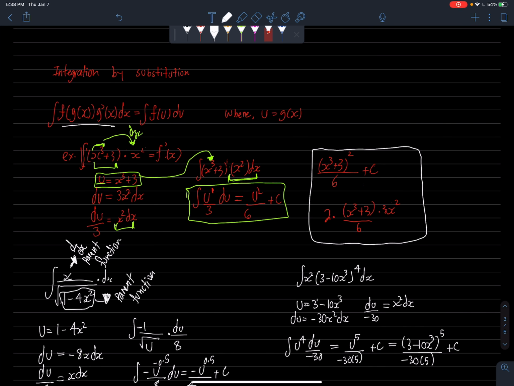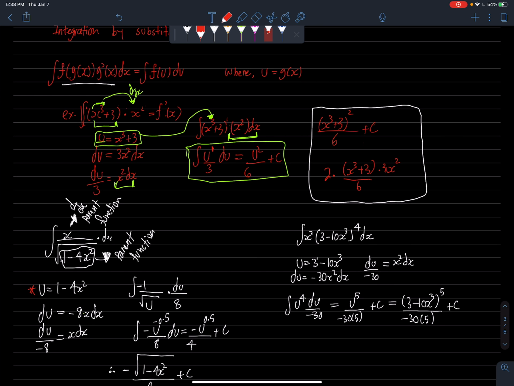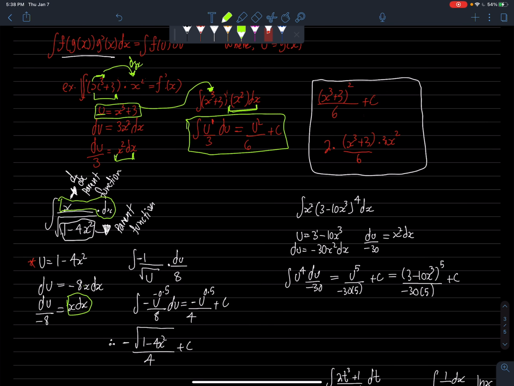So setting u to be 1 minus 4x squared, take the derivative of it, right? You isolate for the terms you have in there, and the term you have in here is this, right? You have this over here, so you're good. You have your integration operator. So now let's rewrite the integral, right?